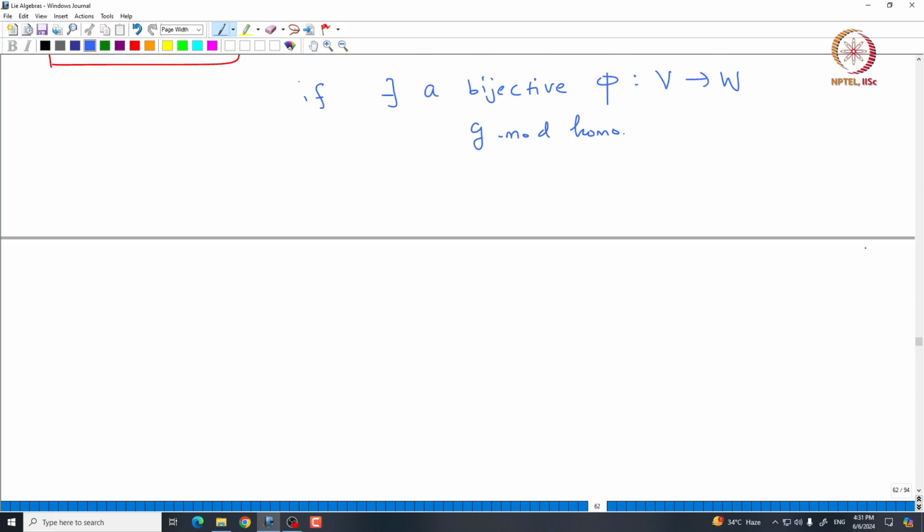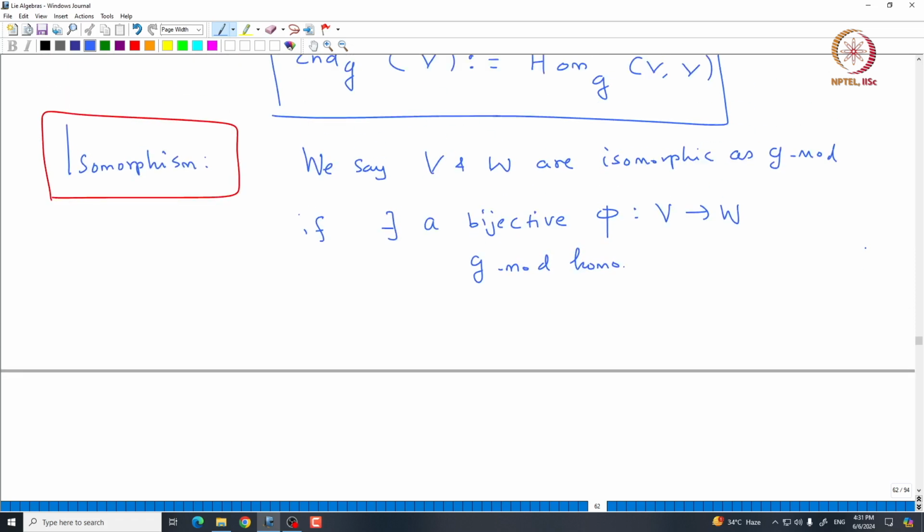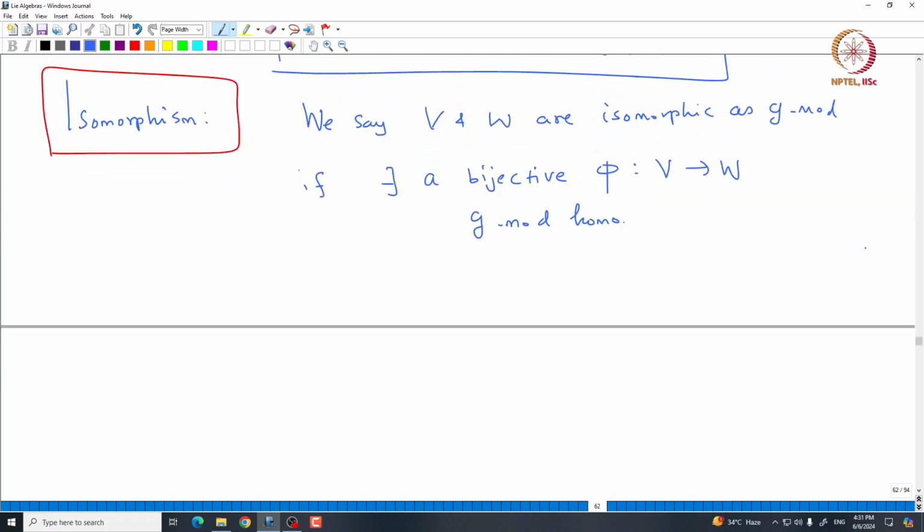Before actually doing that, let us see what this isomorphism means between the same space.